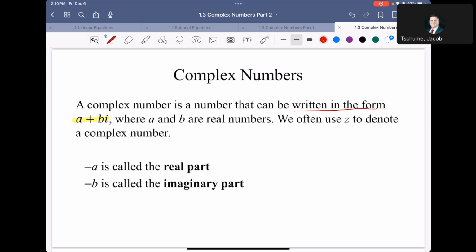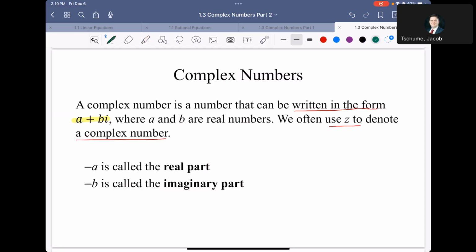The other thing to note is that if we ever run into the value of z, z is usually our representation of a complex number. That may show up once in a while, and I'll try to remind you in our videos what that is as we deal with it.